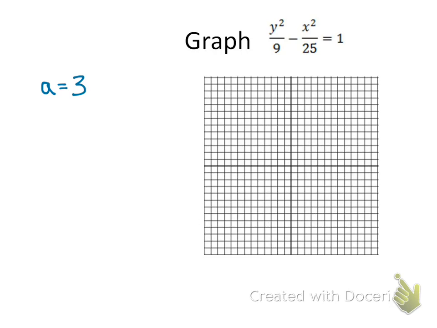And that's what I graph on the y-axis. Let's also note that a develops our vertices. So b is going to be the square root of that 25. So I'm going to plot on the x-axis 5 over on both ways from the center.